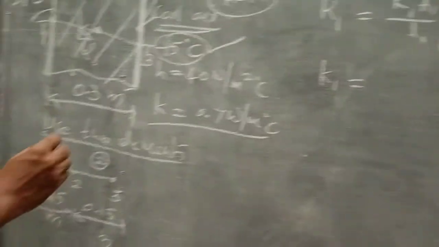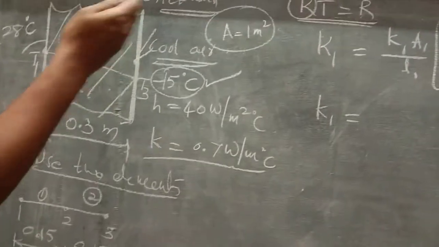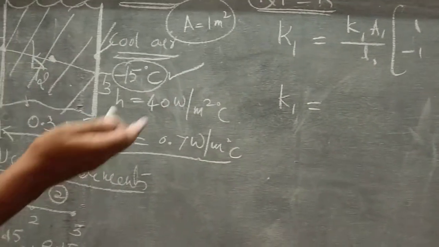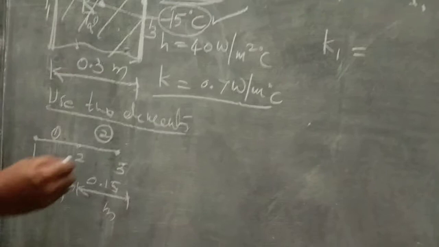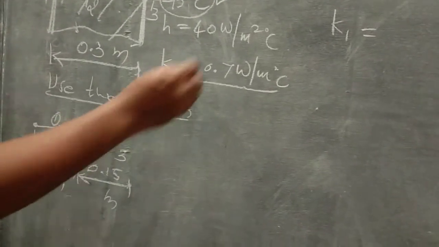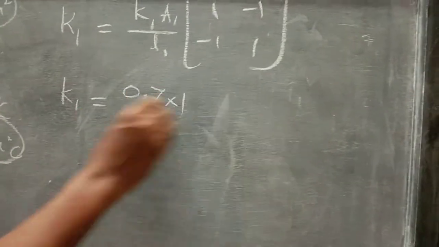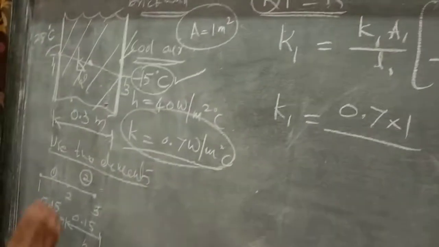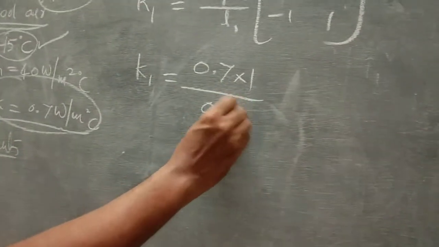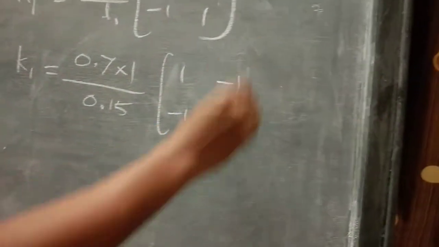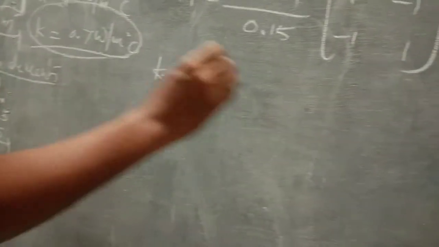The entire brick wall has the same material, hence the thermal conductivity for both elements is 0.7 only. So I write 0.7 into 1 divided by the thickness of element 1, 0.15, times [1 -1; -1 1]. I will get the thermal stiffness matrix for element 1.